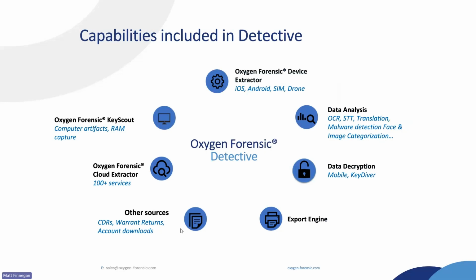And then it has that data analysis engine as well. So not just parsing and decoding, but also analytics, things like speech to text transcription, which was added actually in the last release. Offline translation of 32 languages we're up to at the moment, malware detection, facial recognition, lots and lots of other analytics as well.